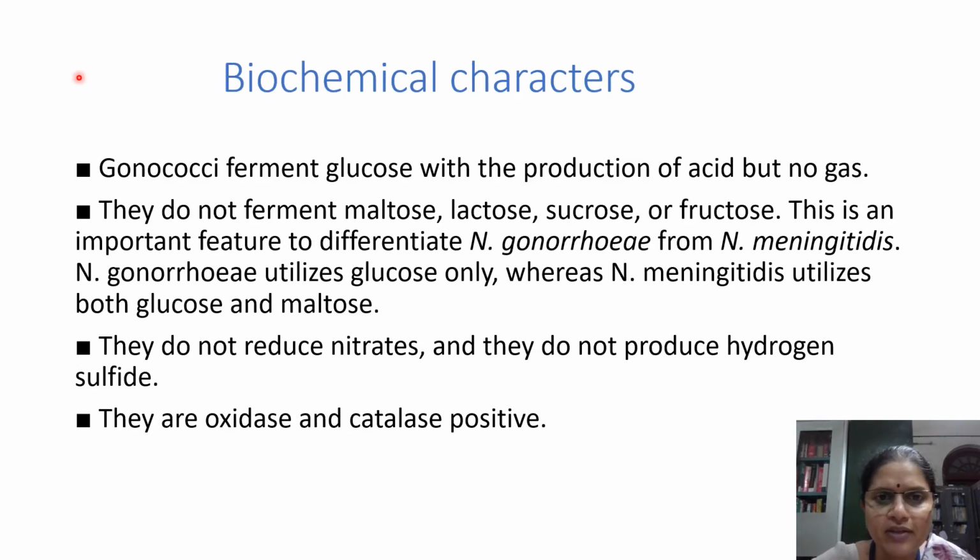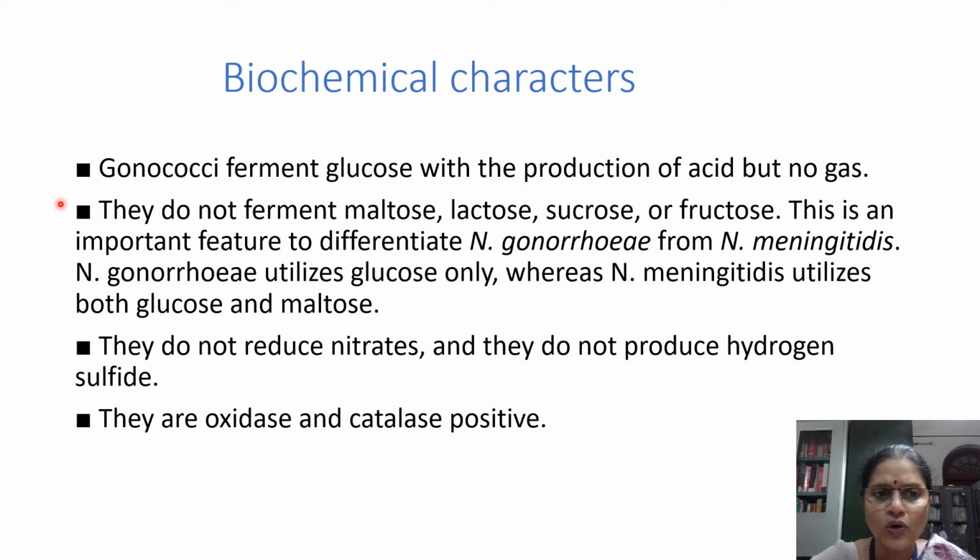Coming to the biochemical characteristics, the most important biochemical test that we are going to do is the sugar fermentation test. We are going to use different types of sugars for testing this. One is mainly glucose, second maltose, and lactose, sucrose or fructose can be used.